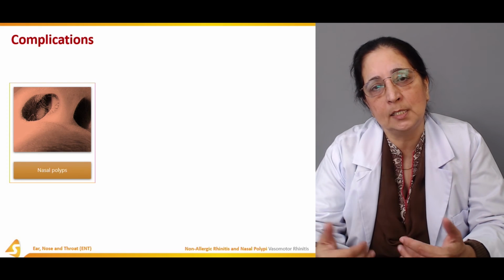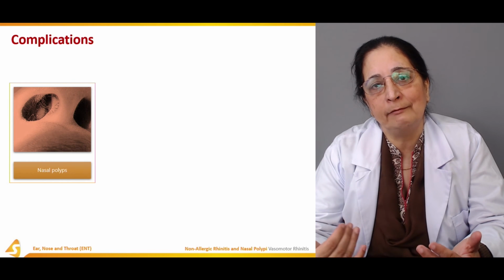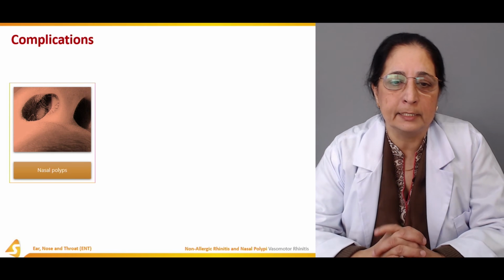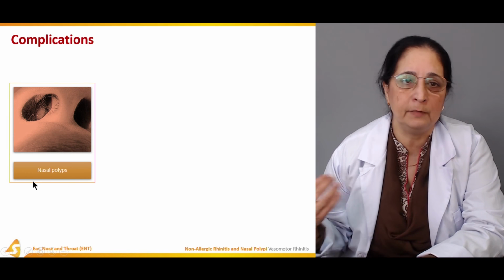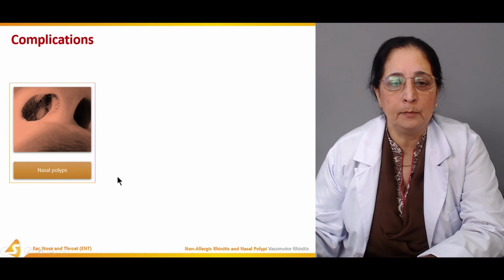In the OPDs of different hospitals, you keep seeing patients who develop these polyps as a result of allergies. So nasal polyps are a common complication, and even when you remove them, they keep coming back.